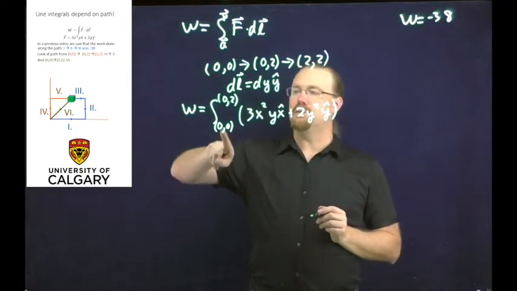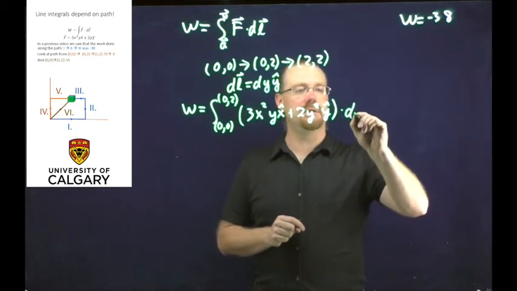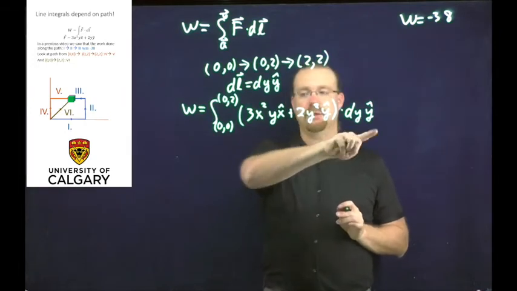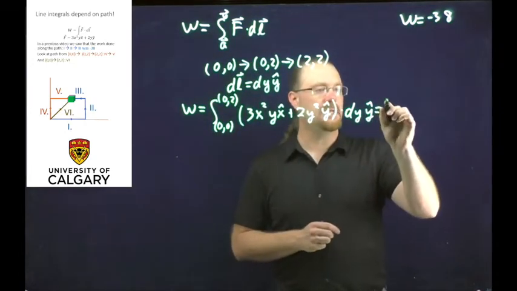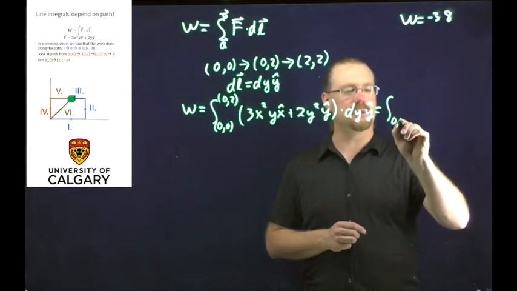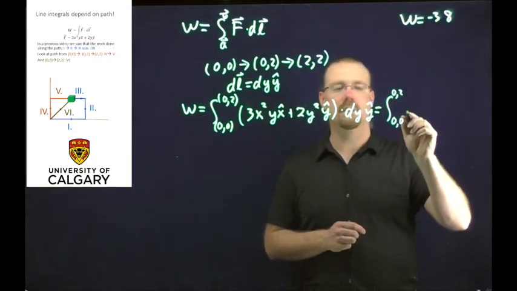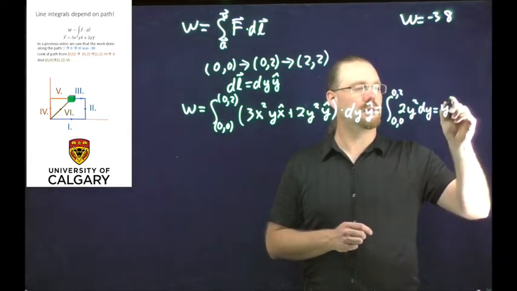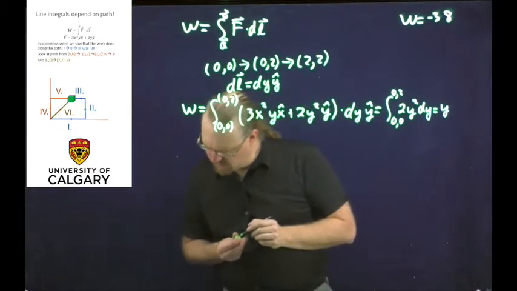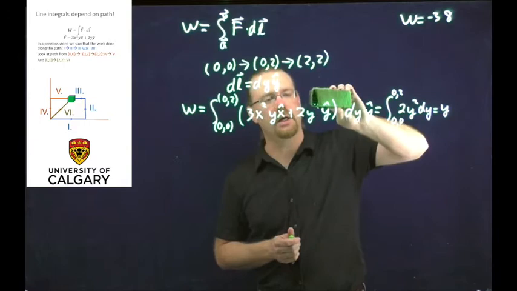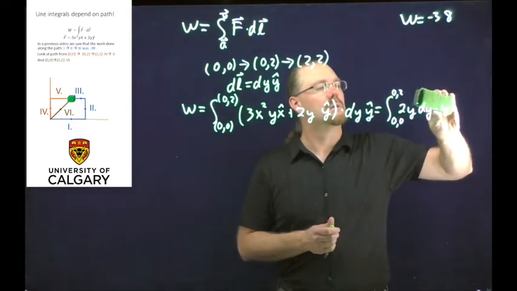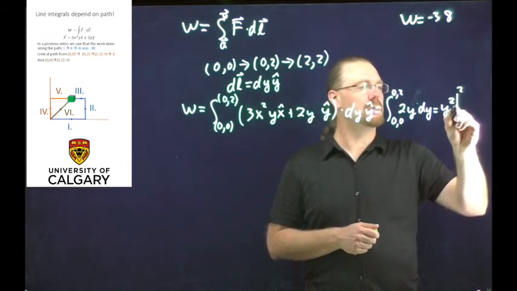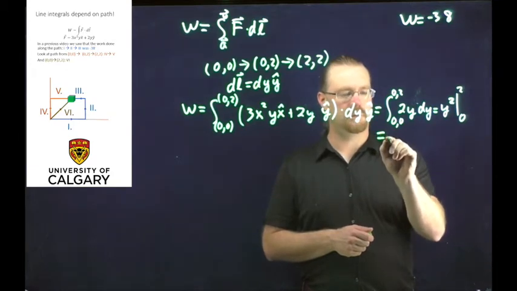And because we're going straight up, this is dotted with dy y hat. And this dot is just a normal dot product, so we're just left with the integral from 0, 0 up to 0, 2 of 2y dy. Pardon me, it's just a 2y, not 2y squared. And we're left with y squared, evaluated from 0 to 2, which of course will give us 4.